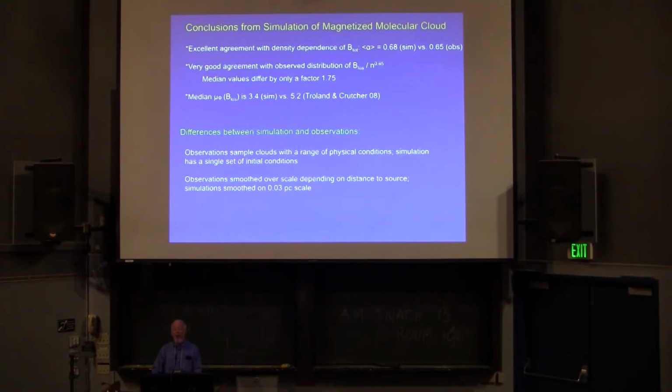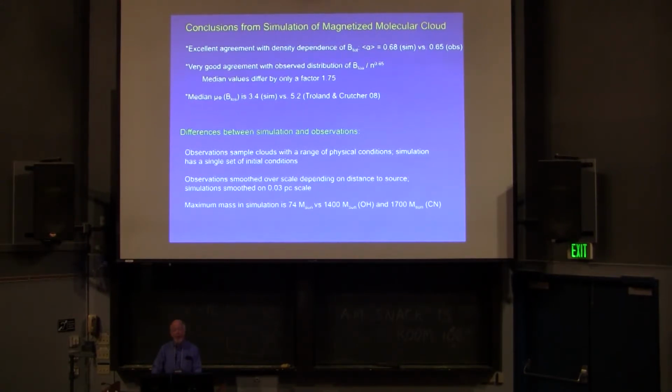Secondly, the observations are smoothed over scales depending upon the resolution of the observations. The Zeeman observations were made with different telescopes that have different beam sizes. Furthermore, they looked at sources at different distances, whereas we just picked one size to average over. The maximum mass in our simulation is 74 solar masses, whereas for the OH observations it's 1,400, and for the CN it's 1,700 solar masses.